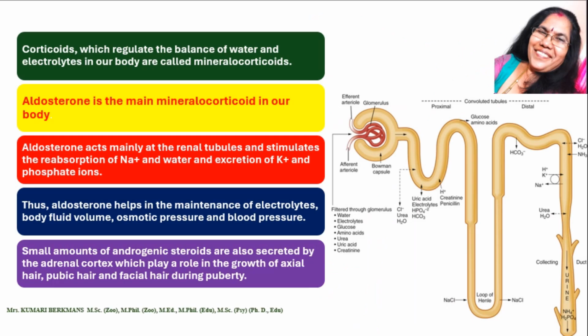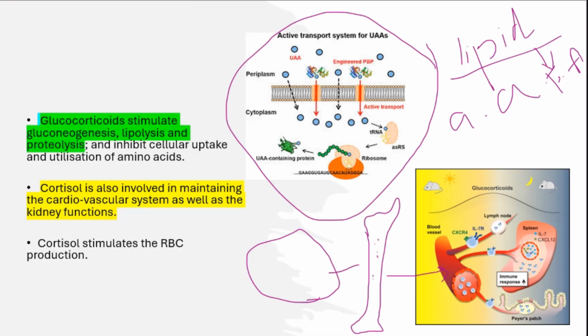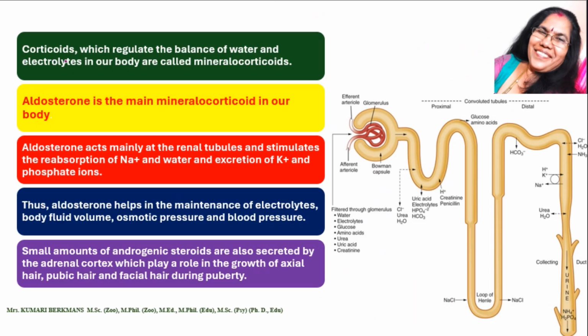Now, corticoids. You should not confuse cortisol and corticoids. They are different. Cortisol is a hormone. Corticoids is the common name of the hormones which are secreted by the cortex. Those corticoids which regulate the balance of water as well as electrolytes in our body are called mineralocorticoids.